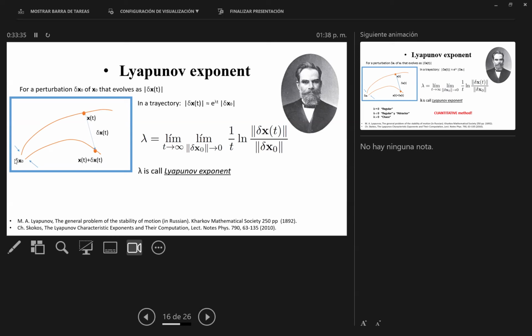When we evolve the orbits, they separate, and this distance could grow exponentially. The rate of this exponent is called lambda, the Lyapunov exponent. If the separation increases exponentially, the system is called chaotic. If it grows polynomially, it is not chaotic, only regular.